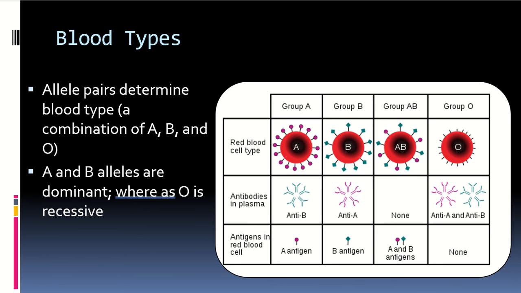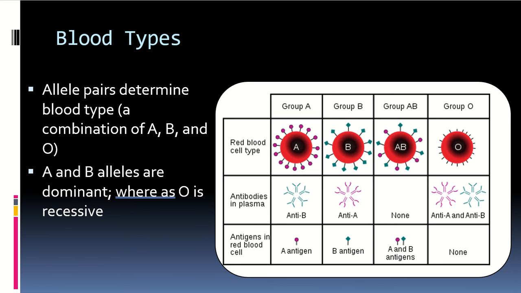Now, when it comes to alleles, there's essentially whether or not they're known as dominant or recessive. And essentially, A and B alleles are dominant, whereas O alleles are recessive. And here's a way of saying that.